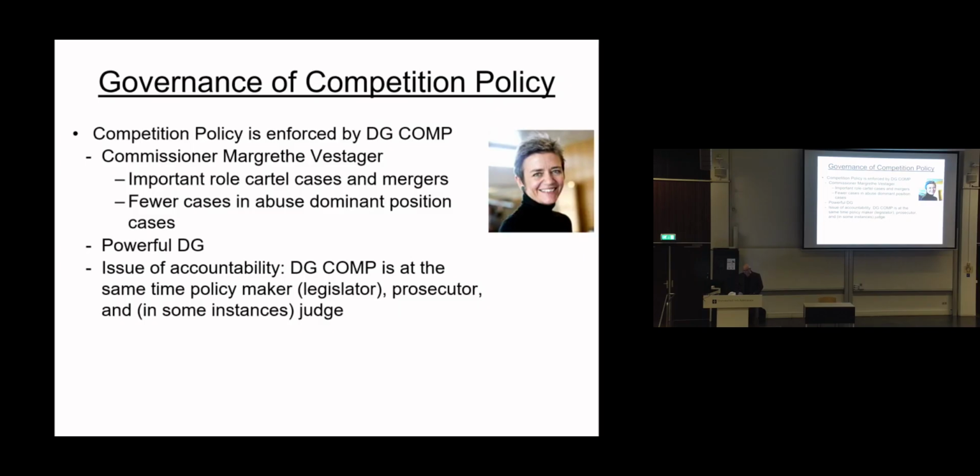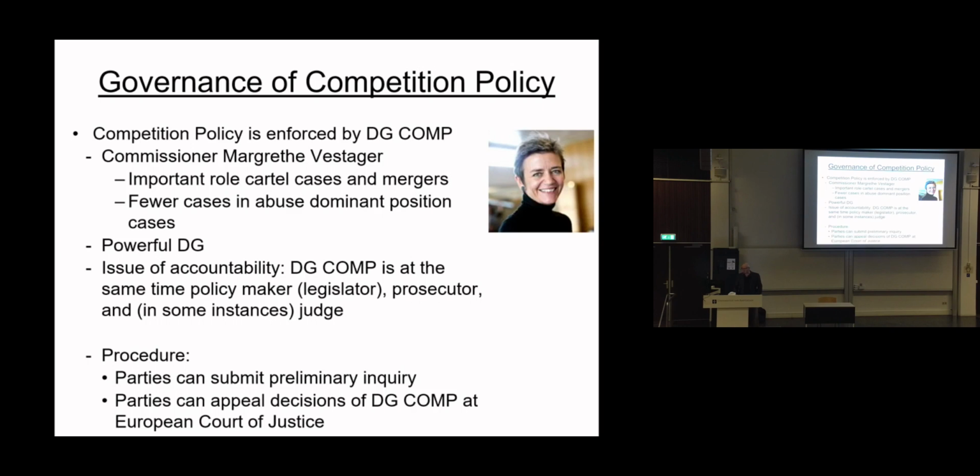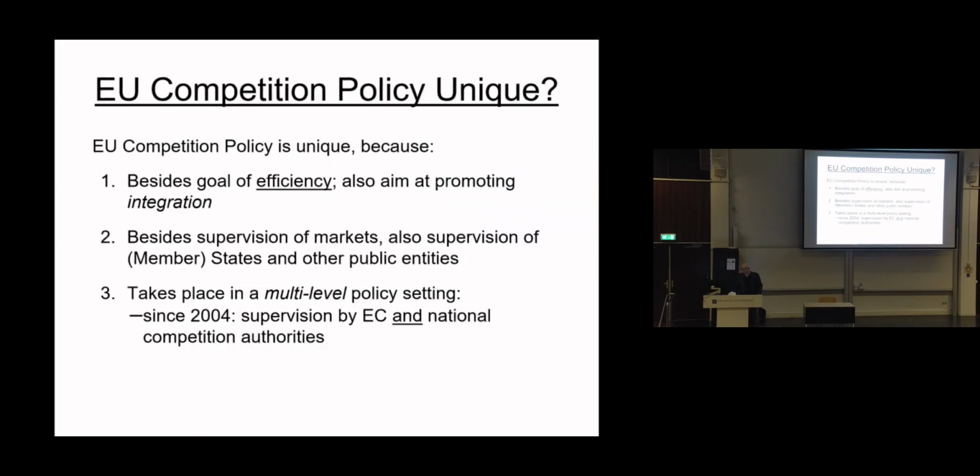They do all of it, and there's no appeal possible. As for the procedure to bring a case at the European Commission, parties can submit a preliminary inquiry, and parties can appeal decisions at the European Court of Justice. Right, that is basically what I wanted to talk about.